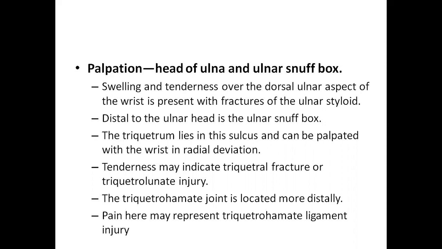Distal to the ulnar head is the ulnar snuffbox, and the triquetrum lies in this sulcus and can be palpated with the wrist in radial deviation. Tenderness may indicate a triquetral fracture or a triquetrolunate injury. The triquetrohamate joint is located more distally than these, and pain here may represent a triquetrohamate ligament injury.